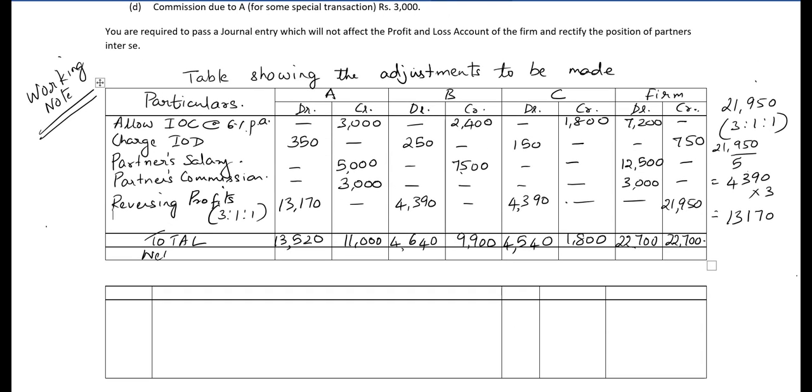Let's find out the net effect. 2,520 debit for A. For B, it is 5,260 credit, and for C it is 2,740 debit.